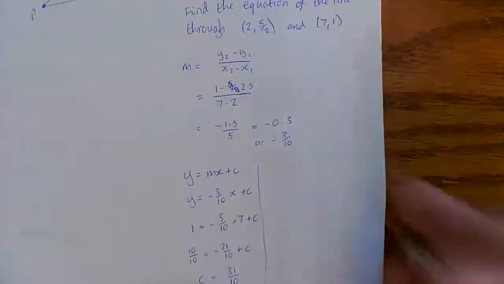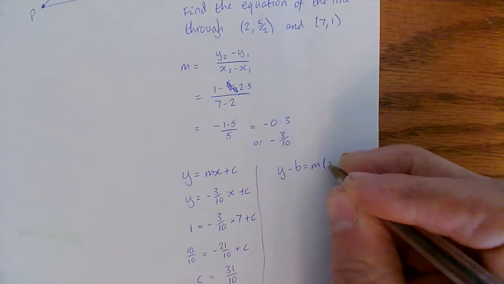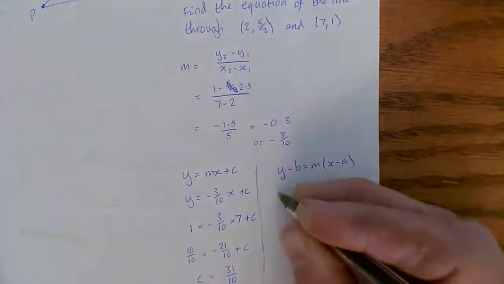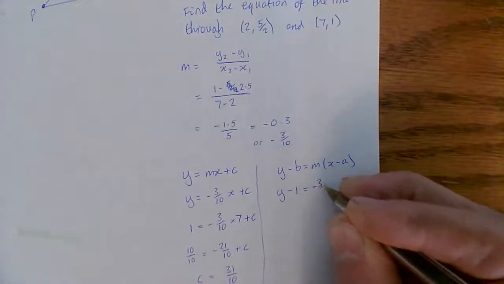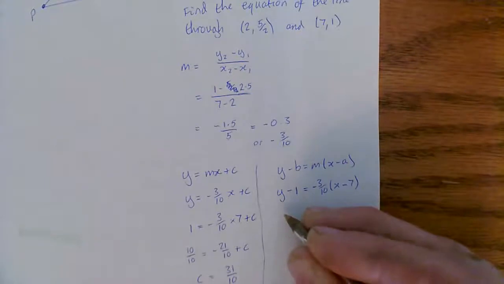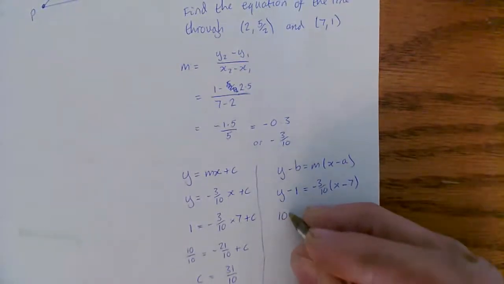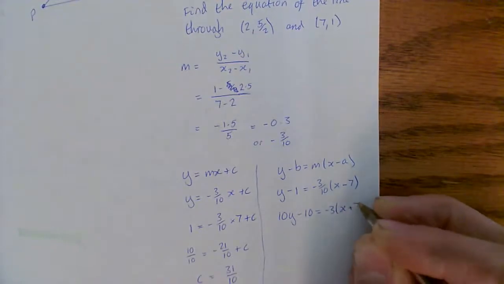Second method, or the alternative method, would be to use this formula. We've got y minus, in this case b is 1, equals -3 over 10 times x minus 7. Multiply by the 10, so we get 10y minus 10 equals -3 lots of x plus 7.